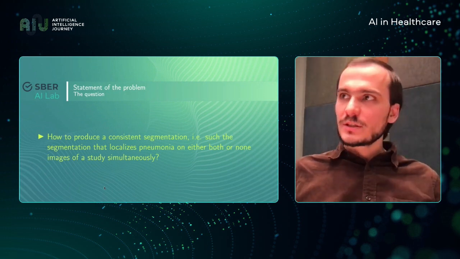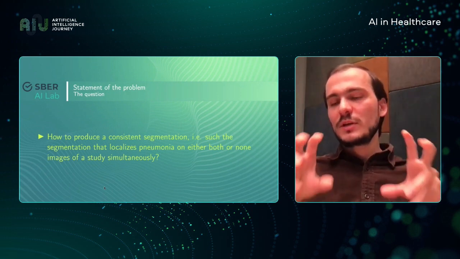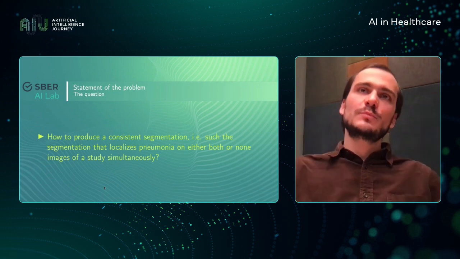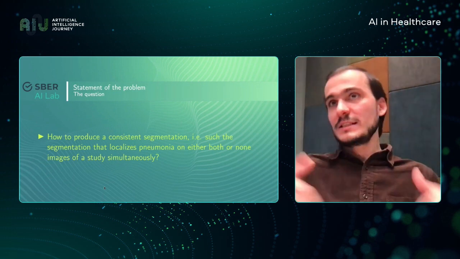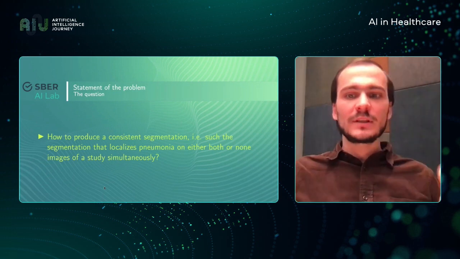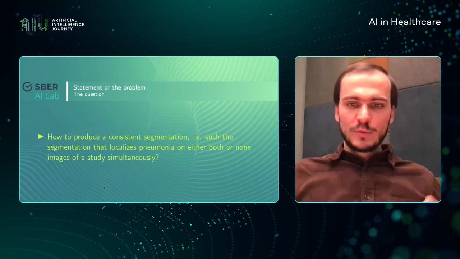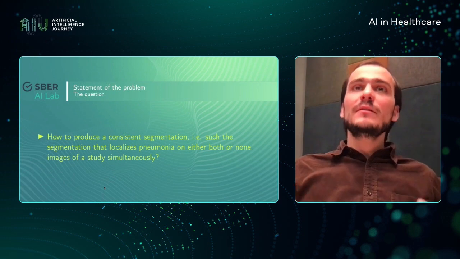That's why for doctors it is important that predictions on both views are related. If the model predicts something, this should be there in both views. And in this work, we try to resolve this problem.